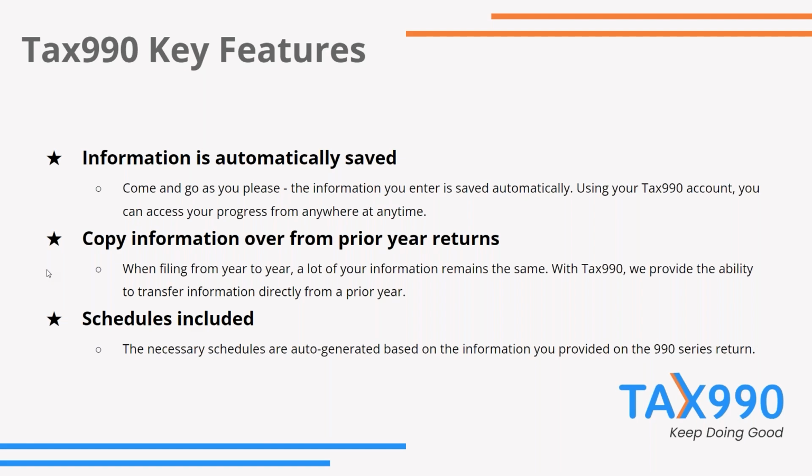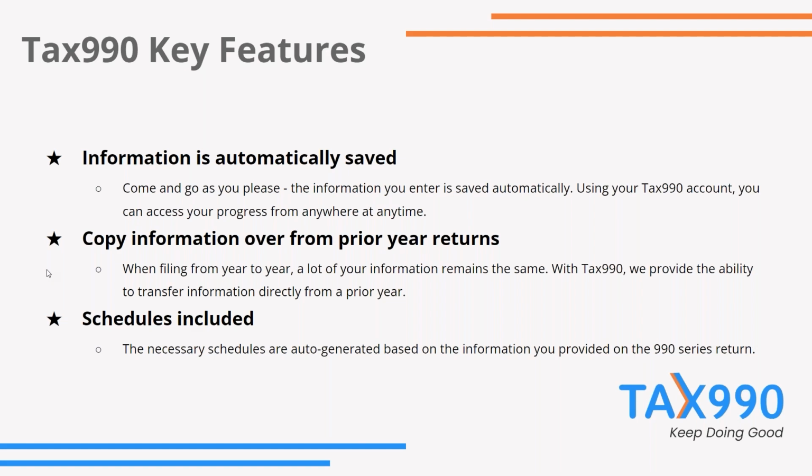Organization information saves in the account, so when it comes time to file each year, you can select what organization you're filing for, and the name, EIN, address, and principal officer information will auto-generate. When filing from year to year, a lot of the information remains the same, so we provide the ability to transfer information directly from a prior year return.